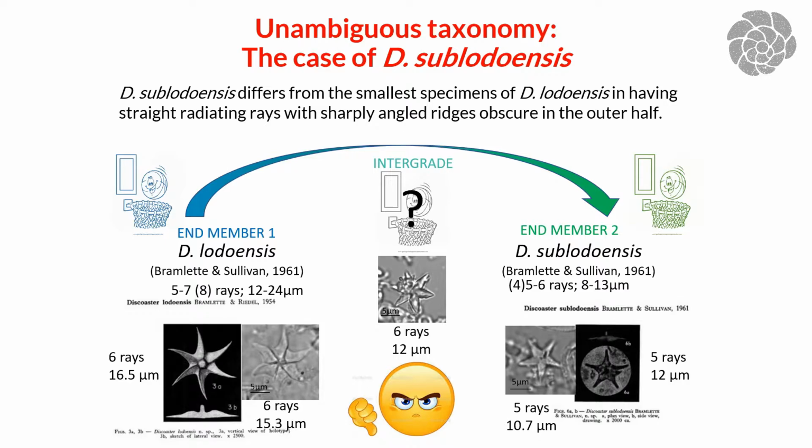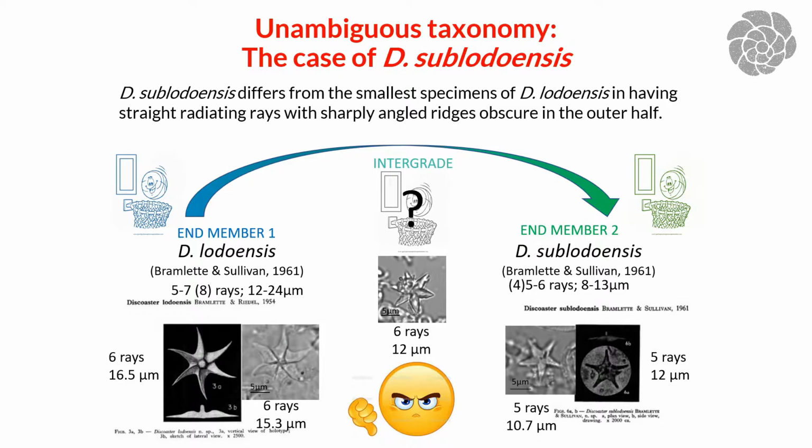What about sublodoensis? It varies in terms of rays from 4 to 6, so there is a kind of overlap. And there is a kind of overlap also in terms of size, because it's smaller, but there is a kind of overlap. So these 2 end members are quite clear. I think that I can make the point that they are different.